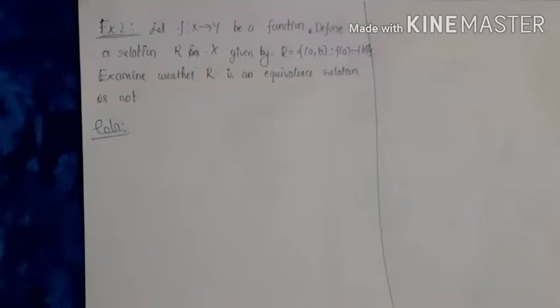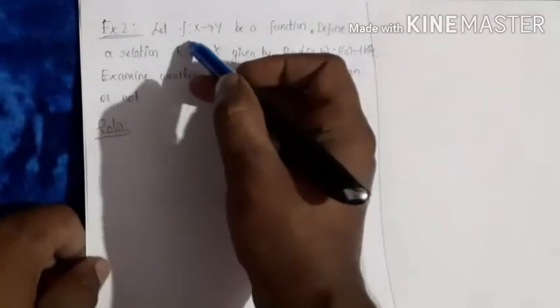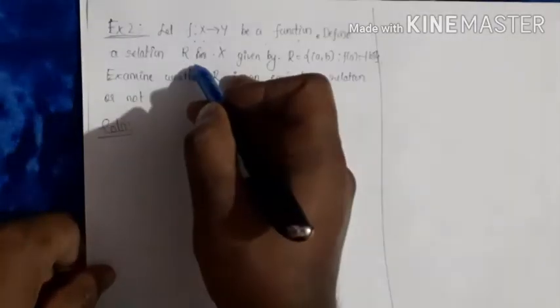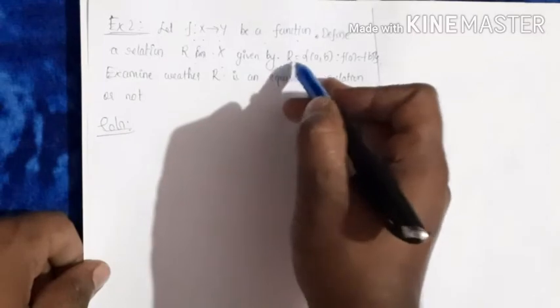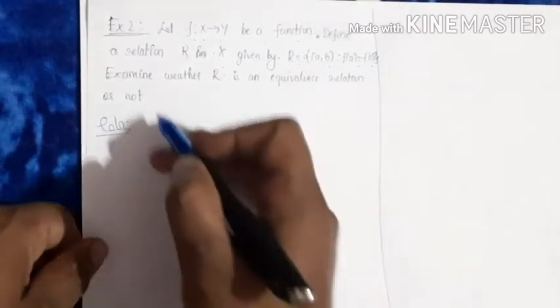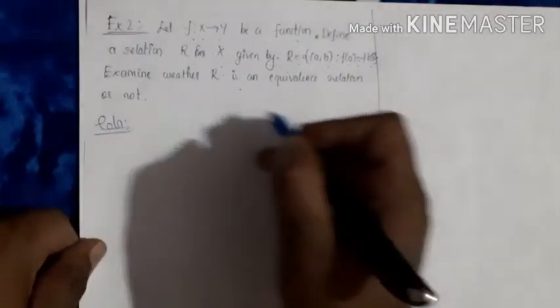So let me see another example. Let f from X to Y be a function. Define a relation R in X given by R equal to (a, b) such that f(a) equal to f(b). Examine whether R is an equivalence relation or not. So it is a very simple example.